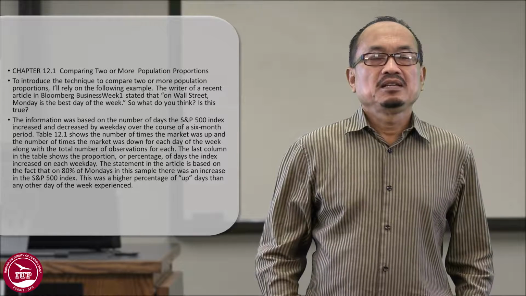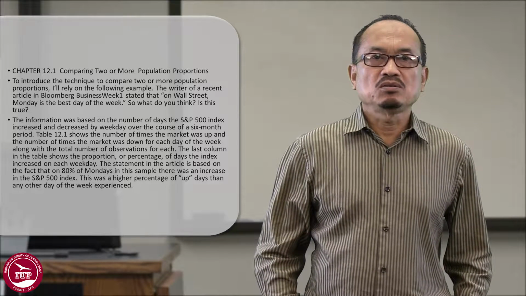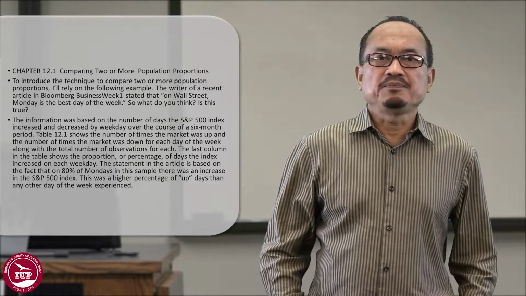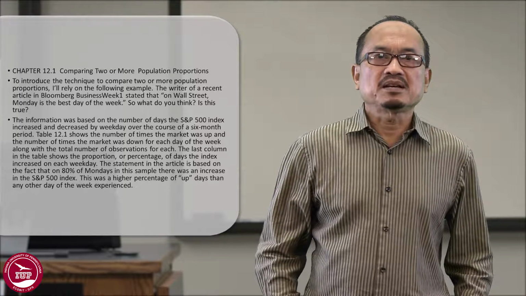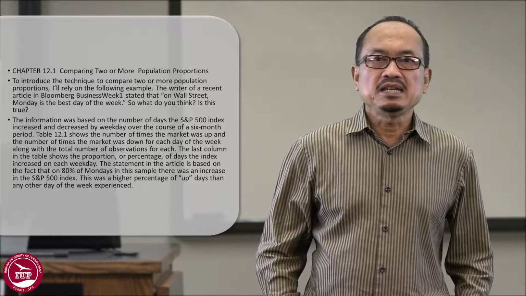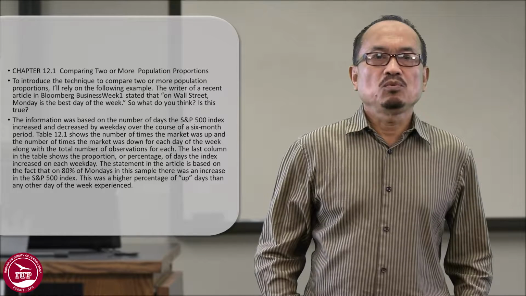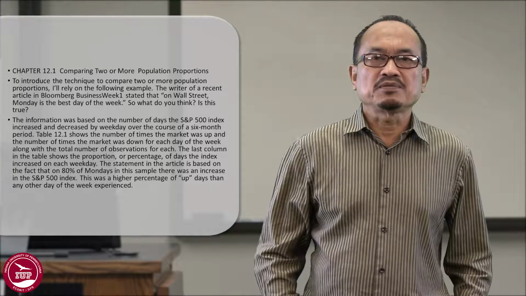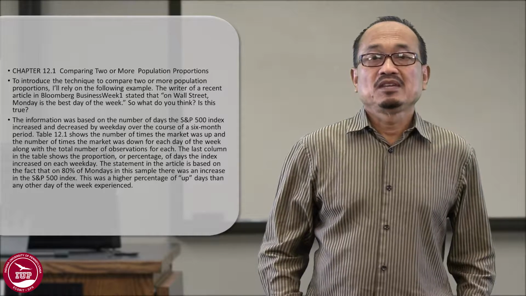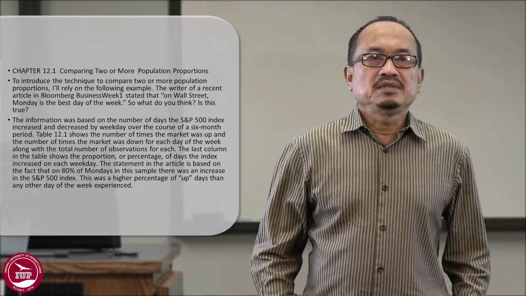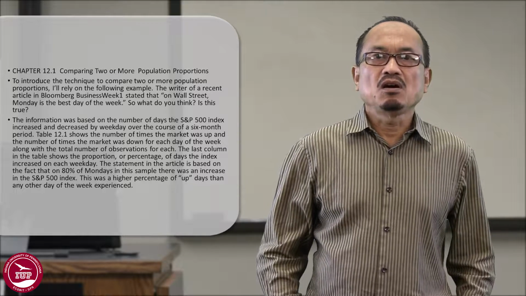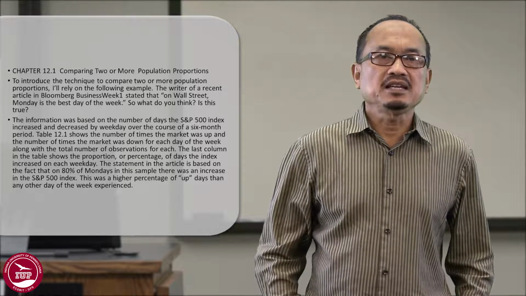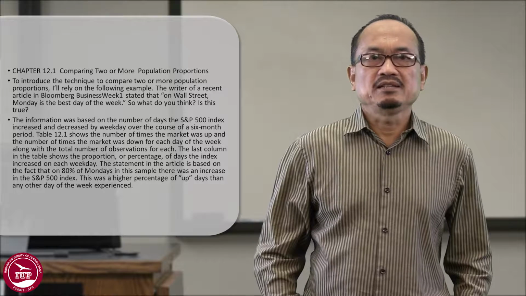Table 12.1 shows the number of times the market was up and the number of times the market was down for each day of the week, along with the total number of observations for each. The last column in the table shows the proportion or percentage of days the index increased on each weekday.